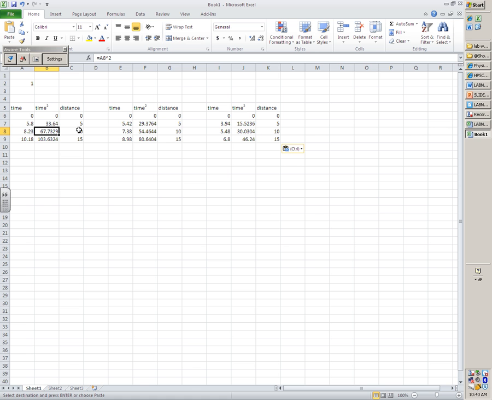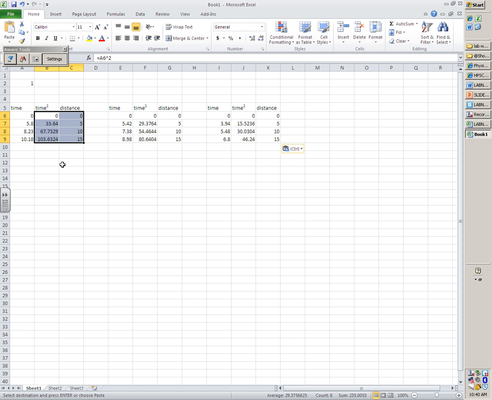Okay. Sorry, everybody. I have no idea what was going on there, but now I'm back. Once you've got in your time squared values and your distance values, you're going to highlight just those 8 squares for the first data table. Don't try and highlight all of your numbers at the same time.